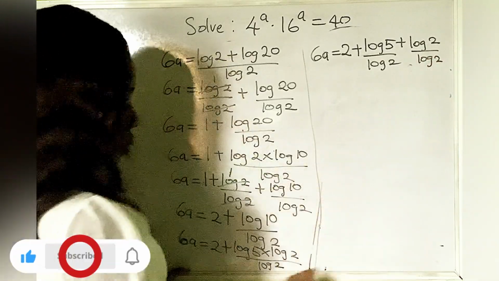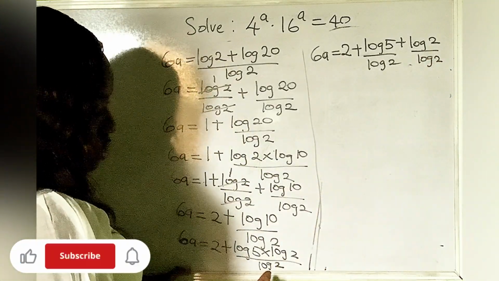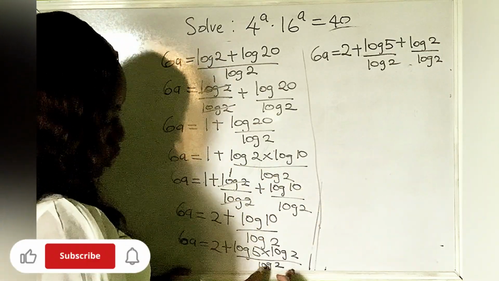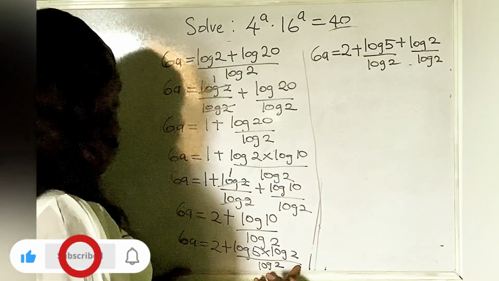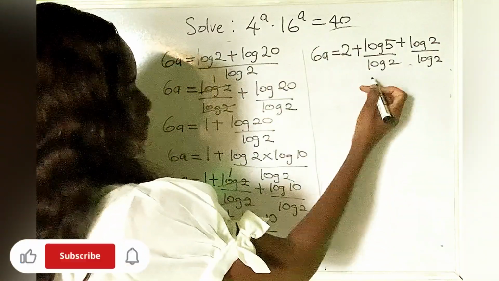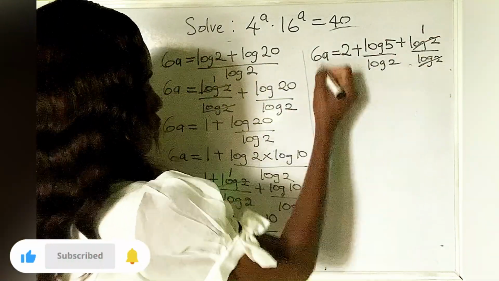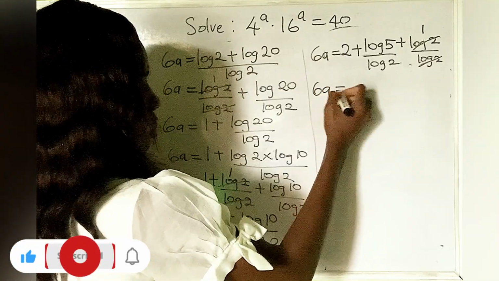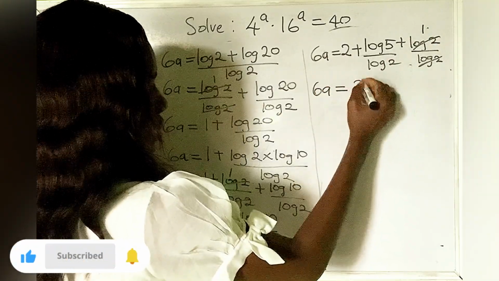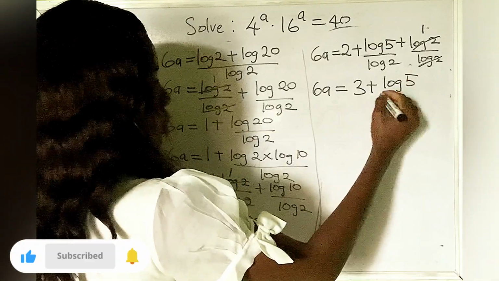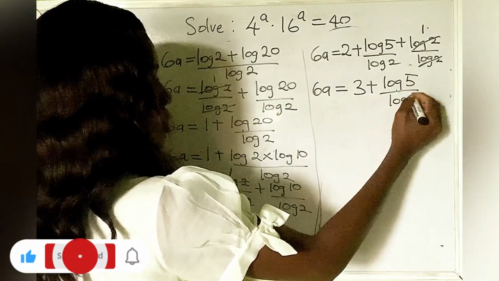I'm sure by now we understand why log 2 is 1 here and it becomes 2 here, because this denominator covers for both log 5 and for log 2, right? Okay, so 2 log 2 can cancel log 2, have 1. So 6a is equal to 2 plus 1, that's 3, plus log 5 over log 2.